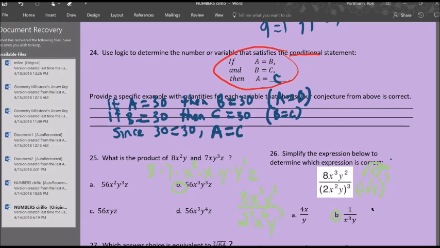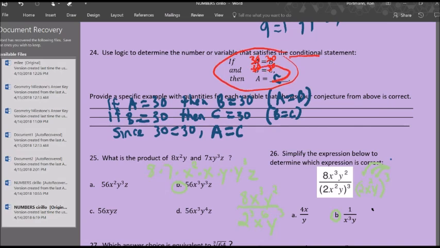If A equals B and B equals C, then A would equal C. I mean, it just kind of goes without saying. And you put a number in there for A. If A is 30 and it equals B, that means B also has to equal 30. And if B is 30 and it's equal to C, then that means C is 30 also.